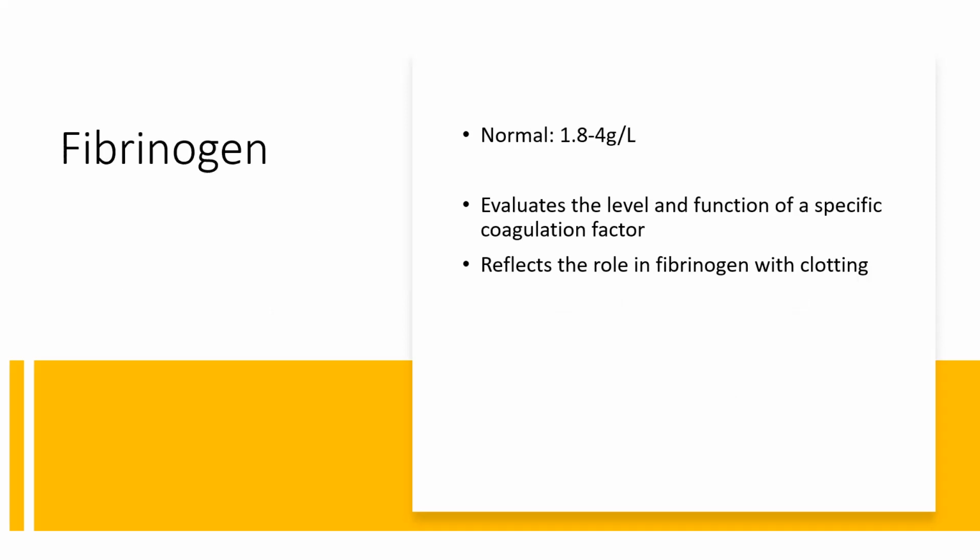The last type of coagulation study we have is called fibrinogen, and fibrinogen is roughly 1.8 to 4 grams per liter. This evaluates the level and function of a specific coagulation factor. So this is very specific to fibrinogen only, and this reflects how well the fibrinogen works in its role with clotting. Again, not really a very common test per se.